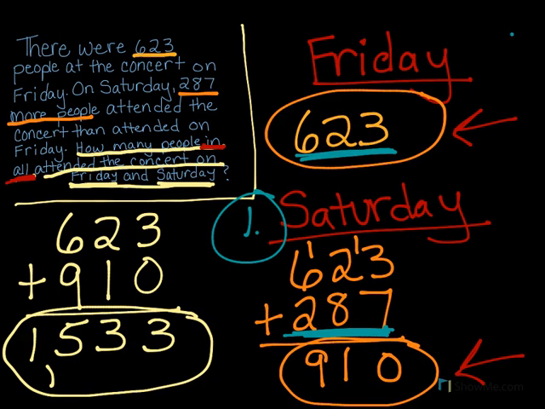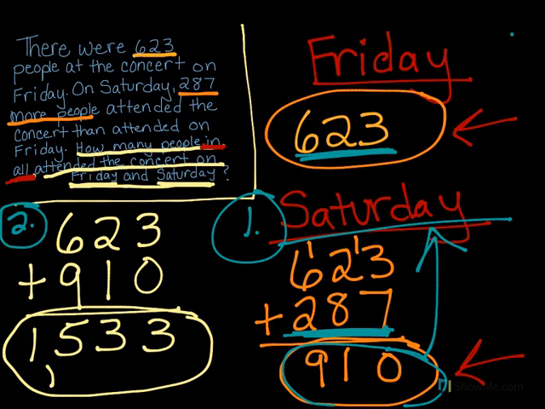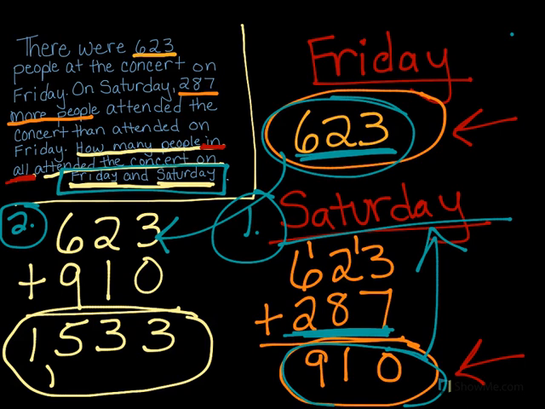And I got 910. 910 is not the answer. That is just how many attended Saturday. My second step, because I wanted to know how many attended Friday and Saturday, I had to take Friday's number, 623, and I had to add it to 910, which was Saturday's number. When I add those, I know how many attended in all.